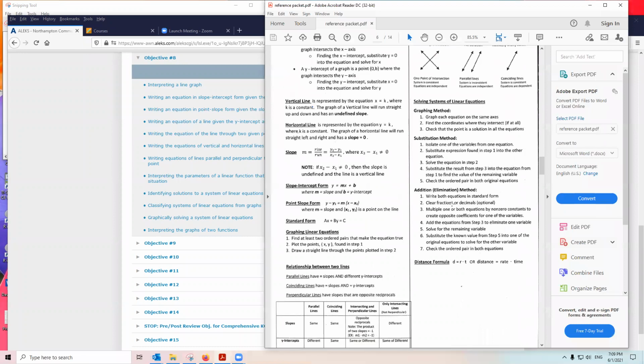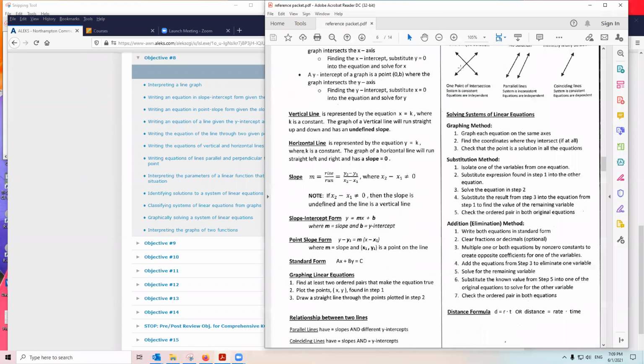So if you notice, here I am in the reference packet. I think I'm on page 6. And if you notice, here is the formula for the slope of a line. Here is the equation of a vertical line, x equals a number. Here's the equation of a horizontal line, y equals a number.